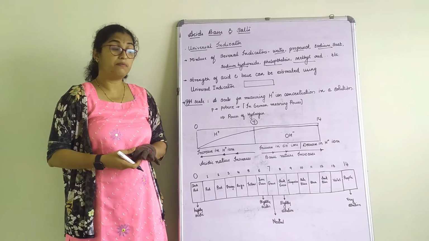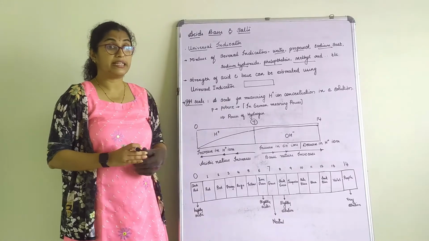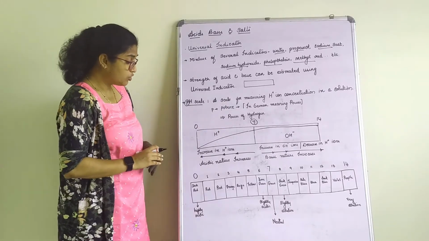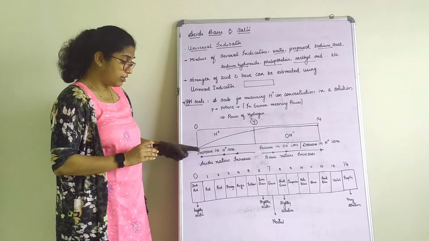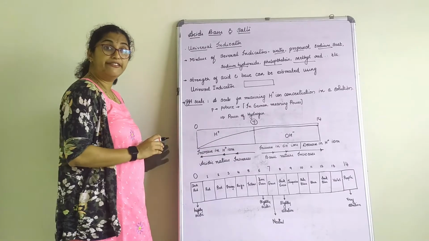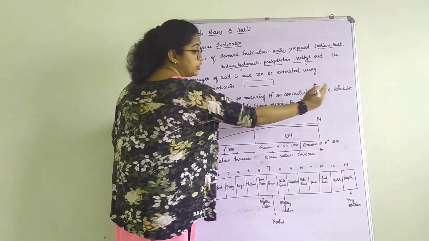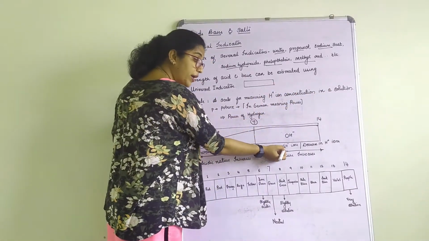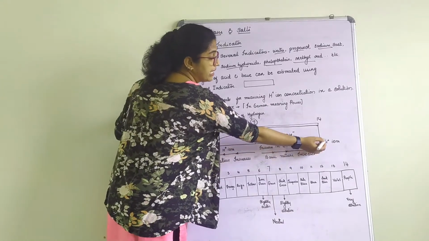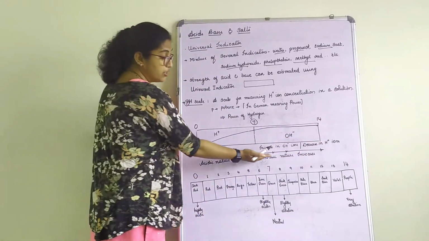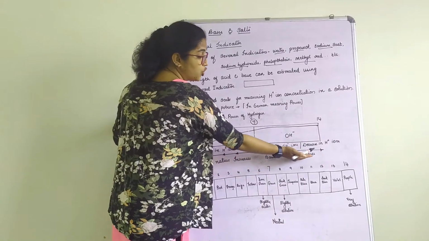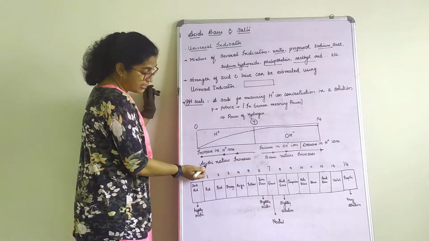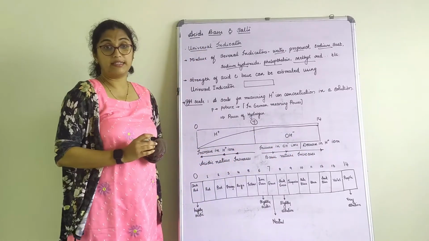Now what are the examples of neutral solutions? We will see that further. So there is an increase in H plus ions as you move towards your left hand side. As you move towards your right hand side, there is an increase in OH negative ions or a decrease in H plus ions. So on this side basic nature increases and on this side acidic nature increases.